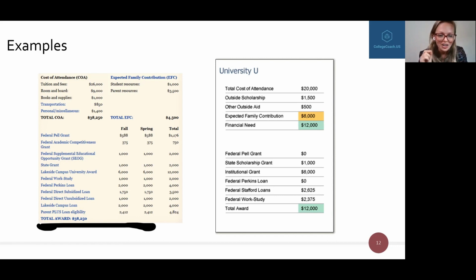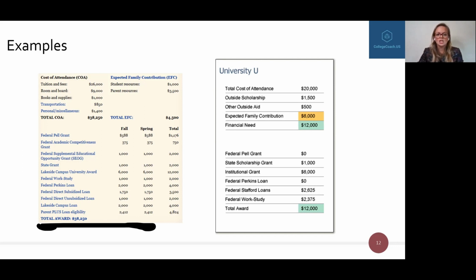And then the kicker at the very bottom is the Parent Plus loan eligibility. It's for almost $5,000, but eligibility means that a Parent Plus loan is a loan you need to apply for and qualify for, and not every parent is going to qualify.